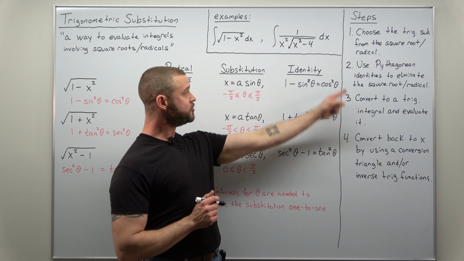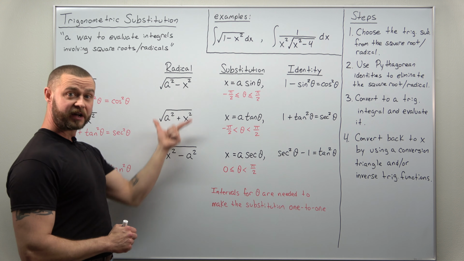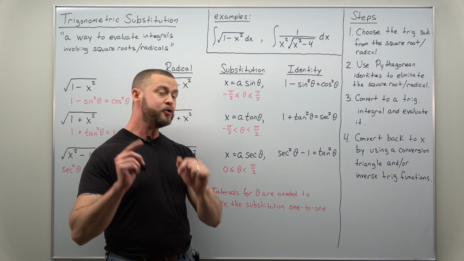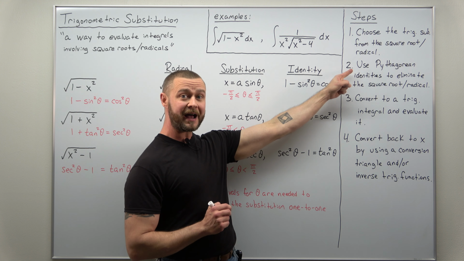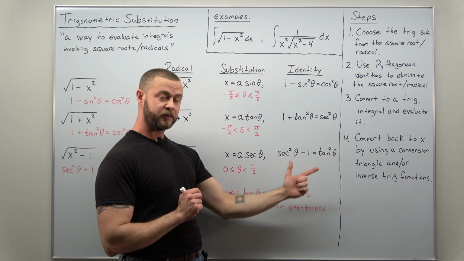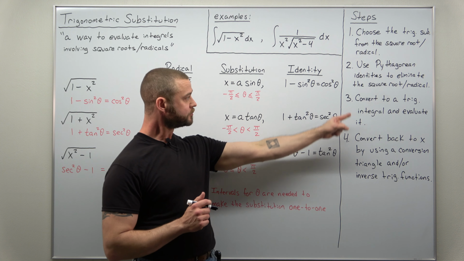With that substitution, step 2, we plug it into the expression, our integral in terms of radicals, and we always use a Pythagorean identity to eliminate the square root. So that's always step 2. That will always happen.